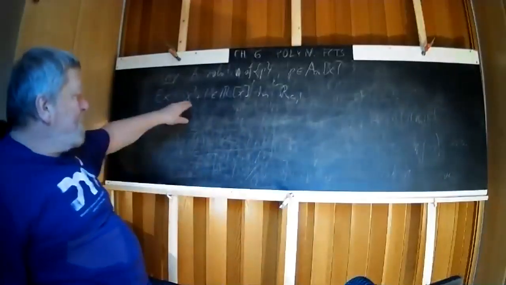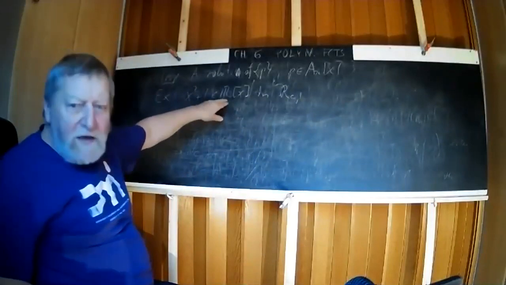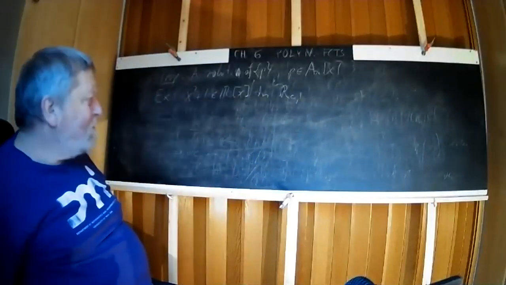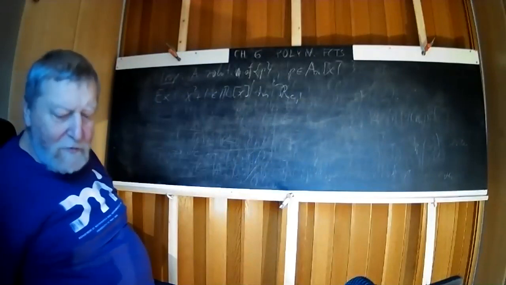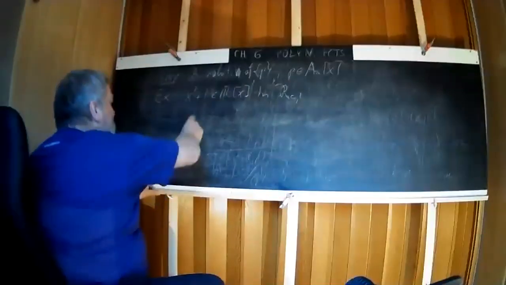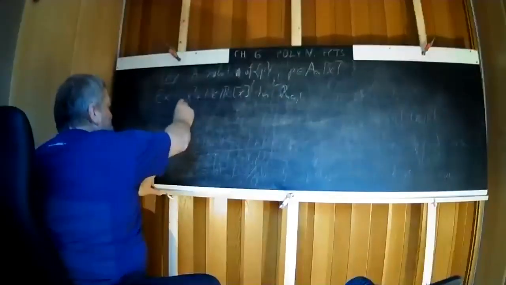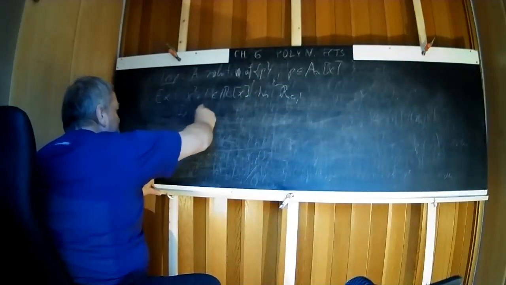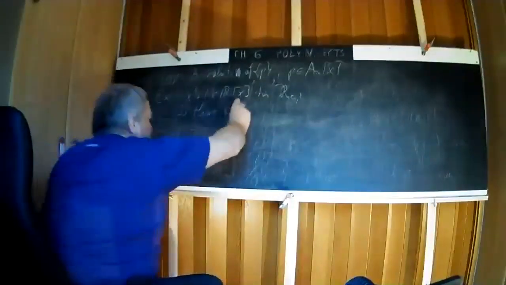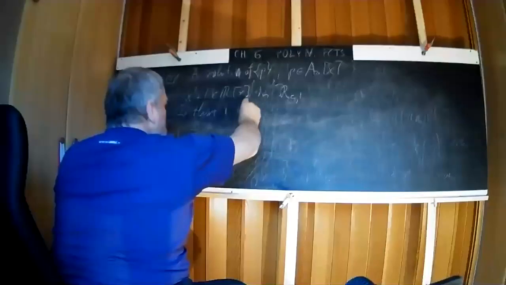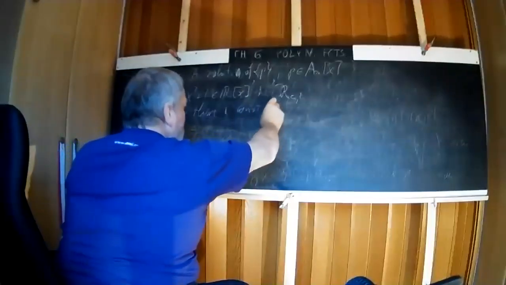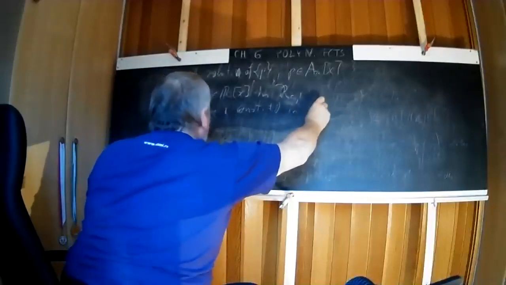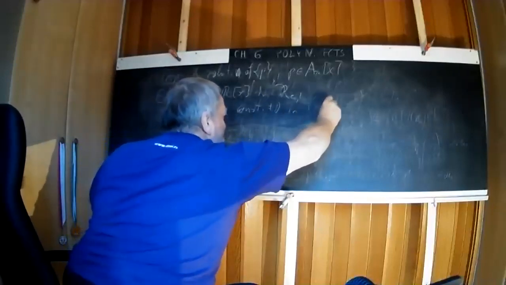We know that there exists an extension, C, complex numbers, where this has a solution, but we don't have to know this. We simply have to ask, is there a constant unequal to 0 in the ideal generated by x squared plus 1.